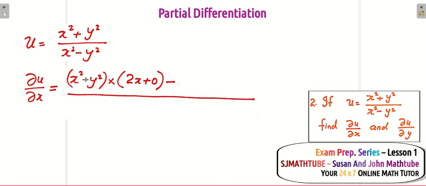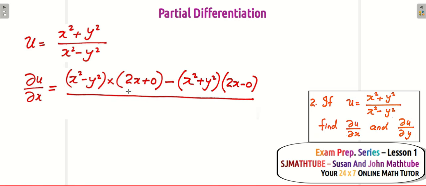So denominator into partial derivative of the numerator. Look at this, 2x plus 0, because y is a constant for the time being, minus numerator into derivative of the denominator, that will be 2x minus 0, the whole divided by denominator square.